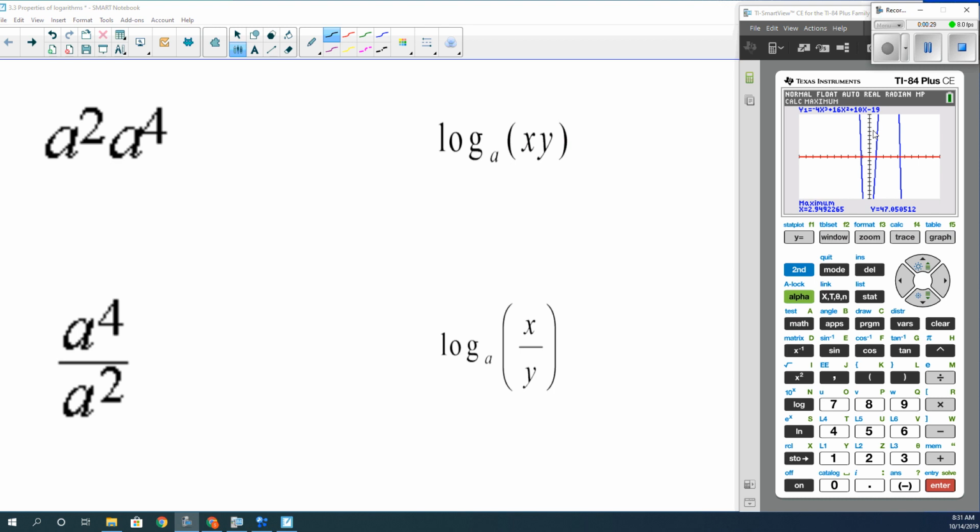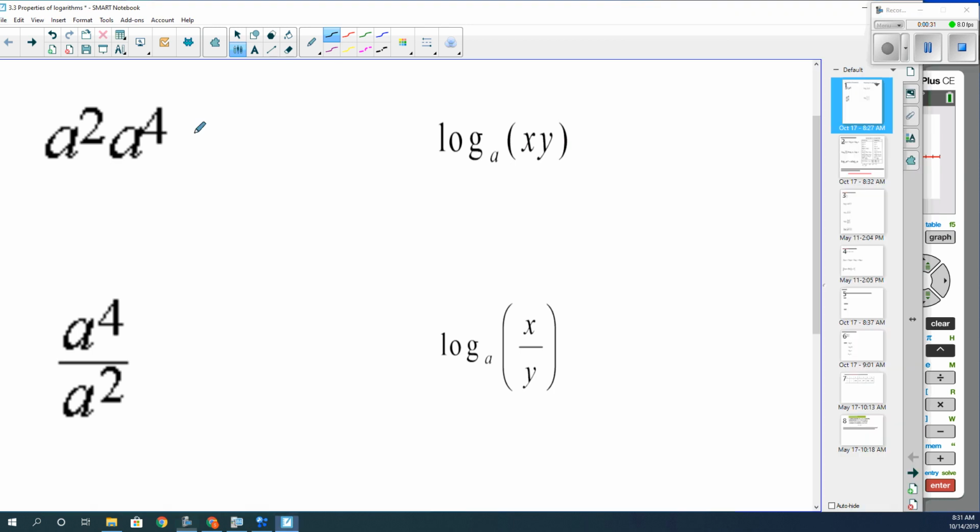Yeah, add them. So then I would just say this is going to be a to the 2 plus 4. So that's a to the 6th. So with exponentials, when you had two bases multiplied together, we left the base alone and just added the powers. Well, the way that looks with logs is inside of the log, you're going to have two things multiplied together.